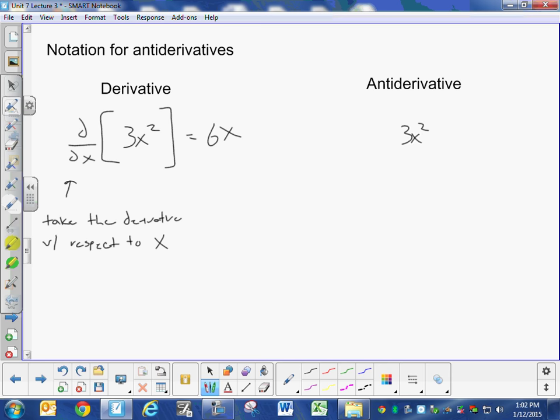So we know what derivatives give us, instantaneous rates of changes, okay? Right now we don't know what antiderivatives give us. We just know what they mean. It's just the function whose derivative is what we started with, okay? Well, the notation for the antiderivative might kind of make our gears move in our head a little bit. So that's the notation for taking the antiderivative of 3x squared with respect to x.